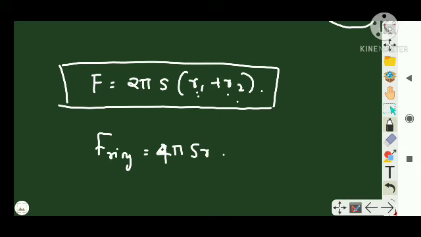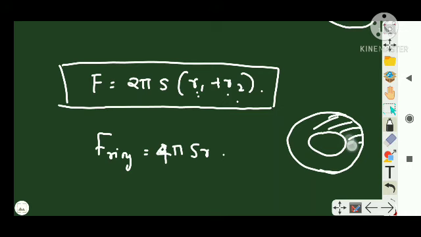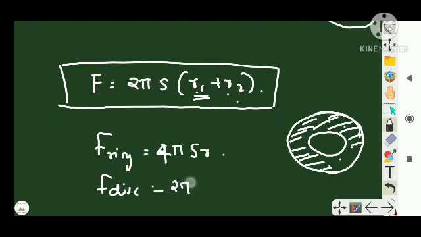Now if it is a disk, then you don't consider the inner section's radius, because there is no vacant space here. I will only consider the outer radius. So the force of a disk will become 2 pi S r. This is not a general formula, but better to study.